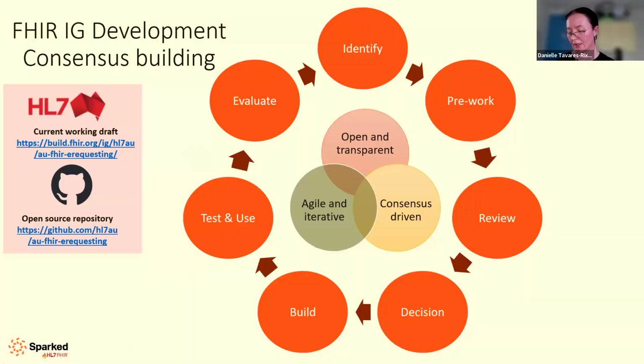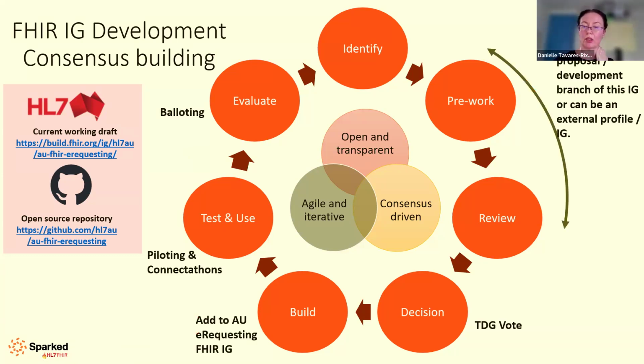I think I'm going to skip past these slides in the interest of time, because we do have a lot to talk about today, but I'll come back to them maybe next week to put a little bit of context around how we're building out the implementation guide and what it means that we're building consensus through this group, and that process there from identifying a requirement into doing some pre-work and review, into voting through this technical design group, and then putting it into the implementation guide, and then continuing to refine that through piloting a connectathon up to ballots.